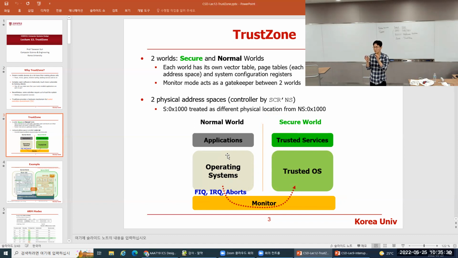So you never know what is happening inside Linux, and you cannot trust it. So you want to run Linux in the normal world, and execute only trusted software in the secure world.